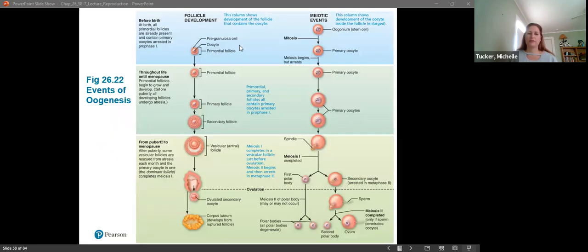So for the follicle development, the fetal stage will end with primordial follicles, and those will be continued on through pre-puberty. So from birth to puberty, the ovaries are going to contain primordial follicles. When puberty is occurring, it takes about 3 years between the onset of menstruation to reliable ovulation.